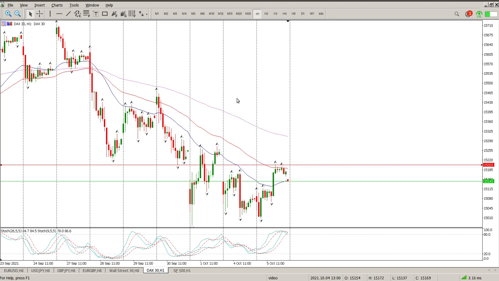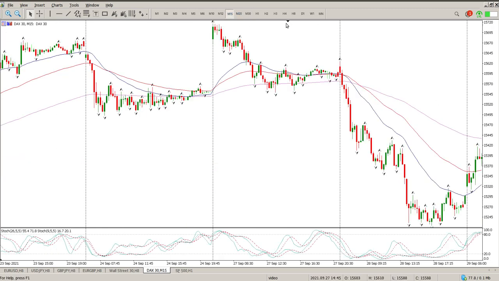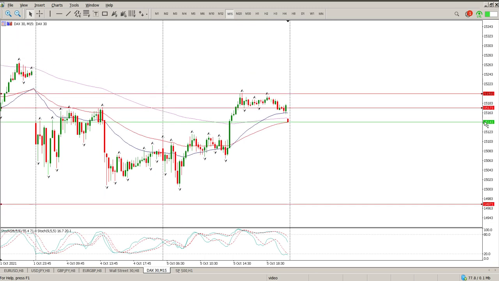So we are definitely still in a downward trend. So the big question on my mind right now is, is this a rejection of this area, or is this a breakout of this level here? And that is 15,173. So it's not really that clear at the moment what it is.